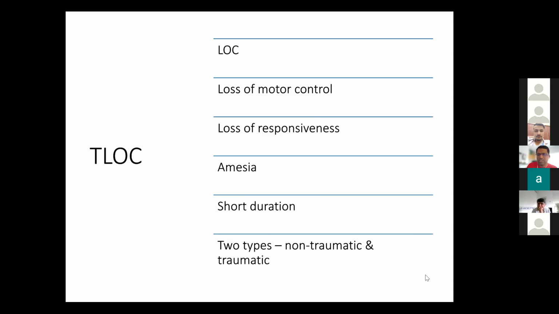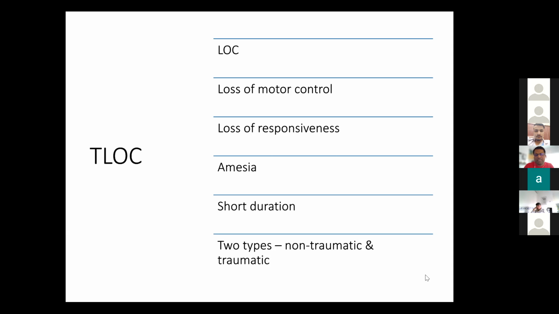How does it differ from syncope? It's not much different, except that syncope is a very narrowly defined group of conditions, whereas T-LOC covers things which are not clear cut in our evaluation. For instance, could it be epilepsy, could it be psychogenic? We don't know. So we term those loosely under the umbrella of T-LOC.